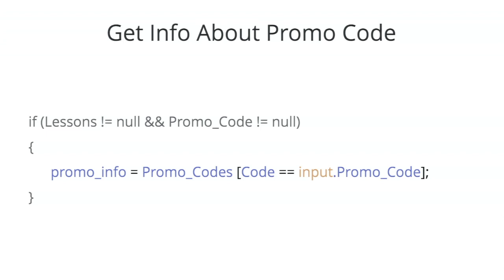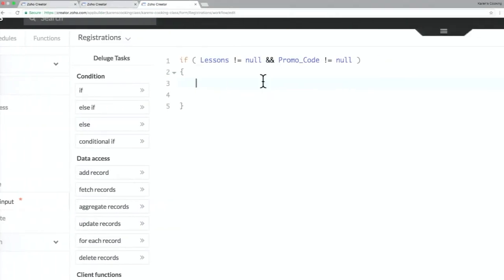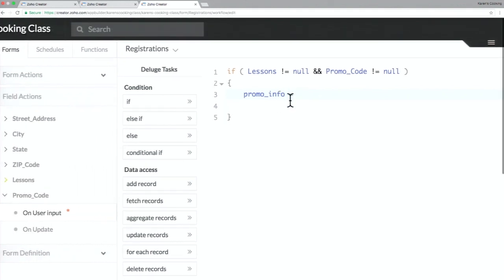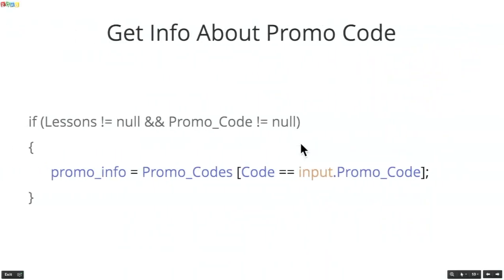So the next thing we want to do is look up the information about this promo code record, right? This is going to be another fetch record script. So I'm going to write promo info, and we're going to fetch any information from the promo code form. And then we're going to add in our criteria. Probably what I should have done was drag on the fetch records block, so some of this would be pre-filling for me, but you were probably smarter than me and already did that.